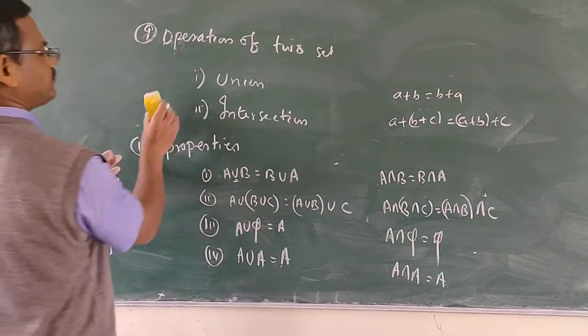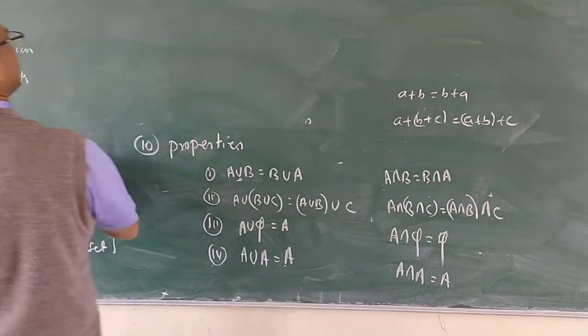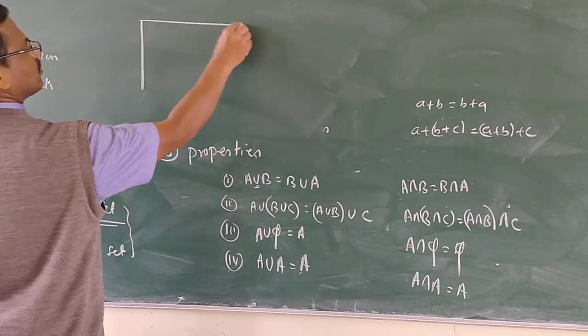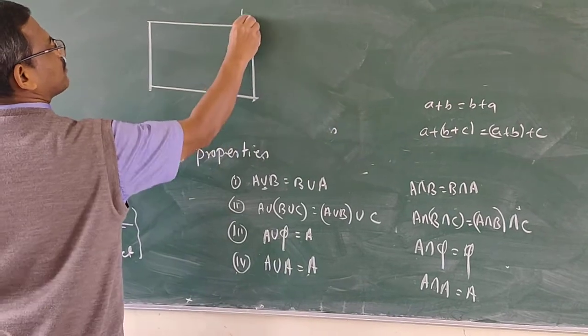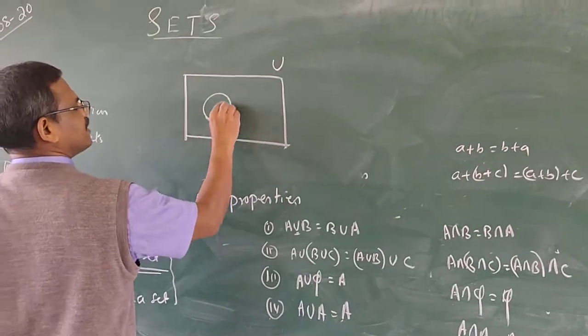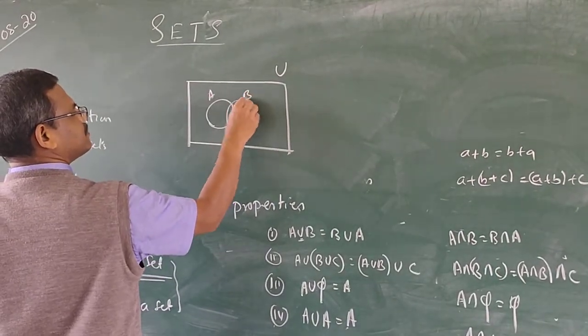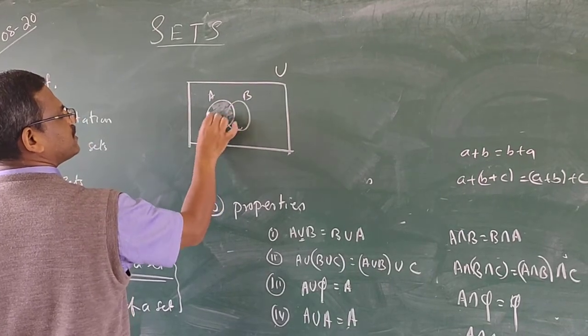And in the Venn diagram, I just want to recollect one more thing. Suppose universal set, this is A and this is B. So A union B represents this full.